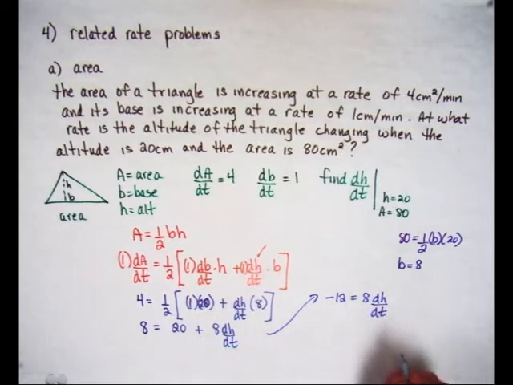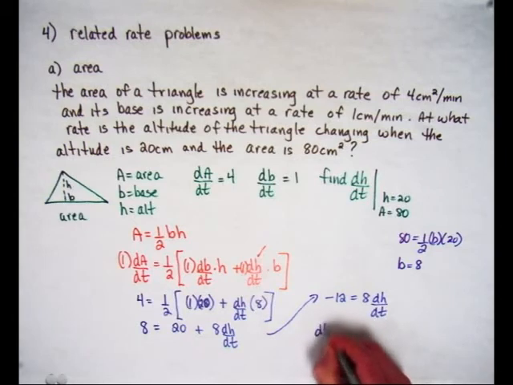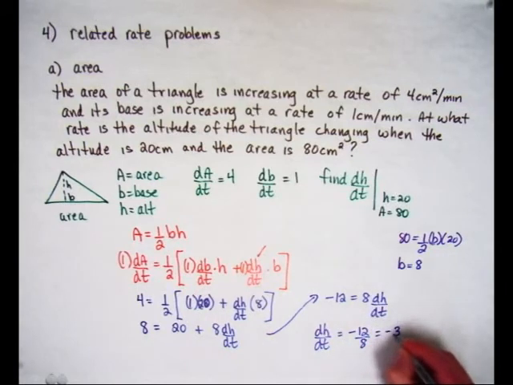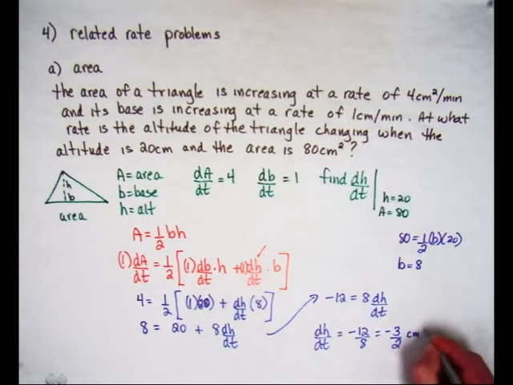And then divide both sides by 8, and we get our answer. The height is changing with time at a rate of -12 over 8, or -3 over 2 centimeters per minute. In other words, the height was actually decreasing with time at that particular moment.